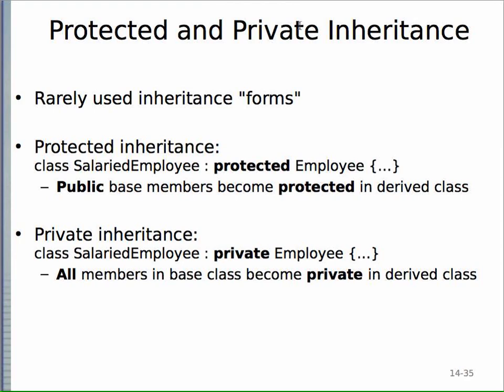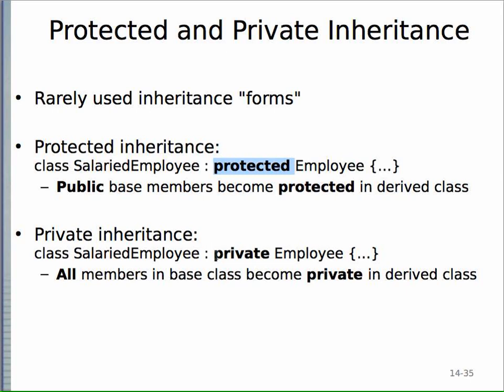Okay, so in addition to public inheritance, which we will use, there is also protected and private inheritance. This is rarely used. Protected inheritance makes everything public in the base class become protected in the derived class, so it increases the protection of your data members.